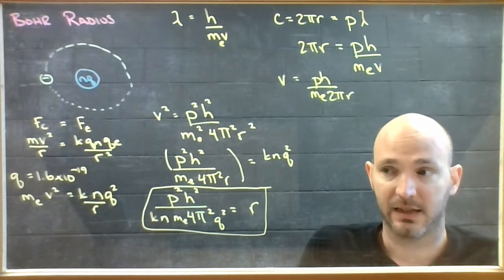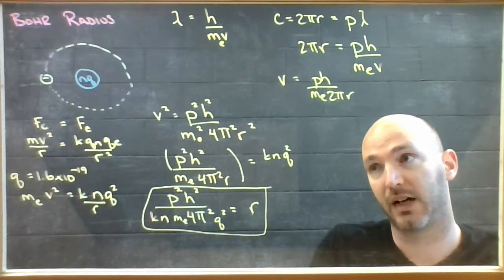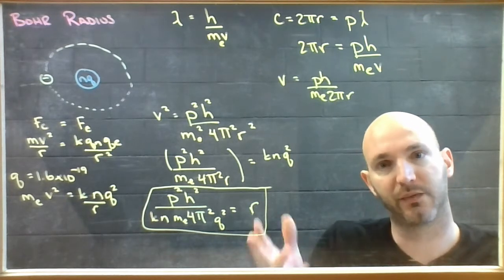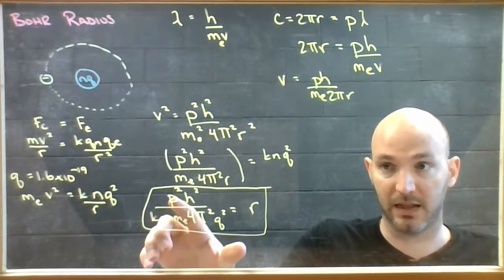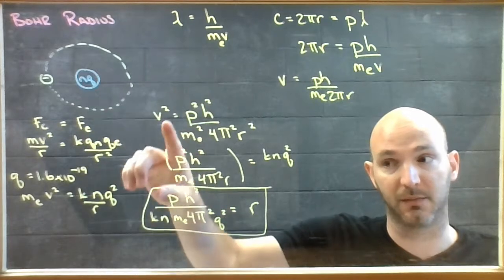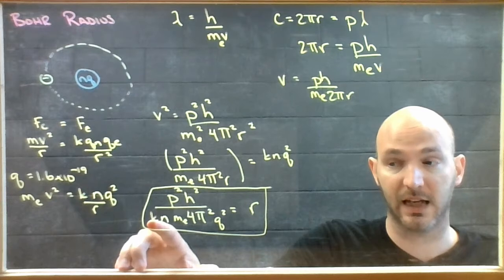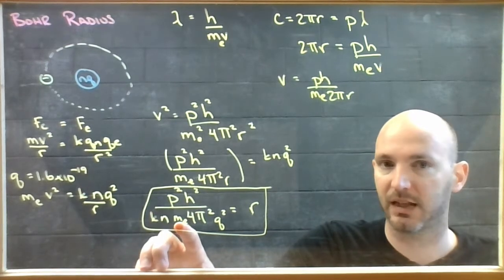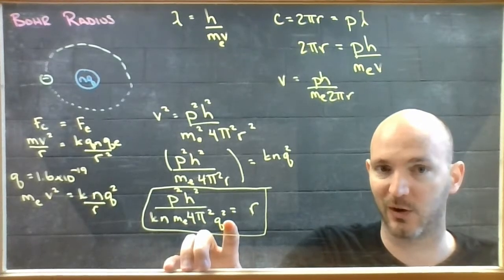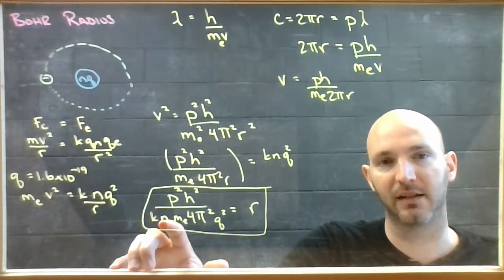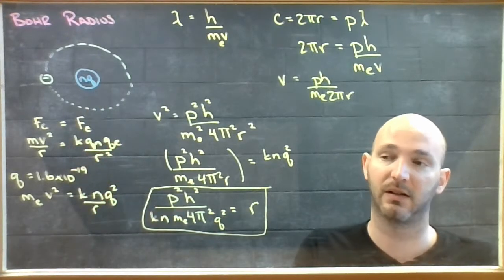So what I've got there is a first stab at the radius of a hydrogen atom, or in fact any atom, based on p, which was the number of wavelengths I'm using, h, which is a constant, k, which is a constant, the mass of the electron, which is a constant, 4 pi squared, q squared, which are all constants, and this n, which just counted how many protons were in the center.